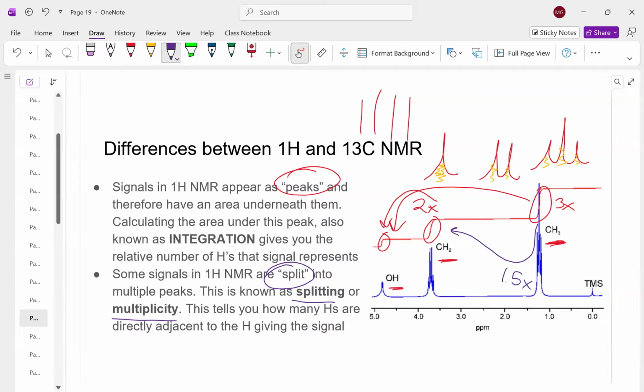With a quick calculation that we can do in our head, this tells us how many hydrogens are directly adjacent. I want you to circle, highlight, star that phrase there. This tells us how many hydrogens are directly adjacent to the hydrogen giving that signal. And I'll go through how we calculate that in a later video.